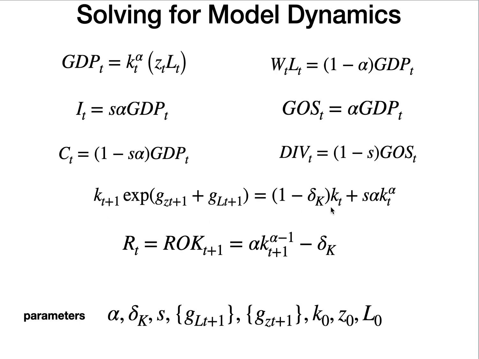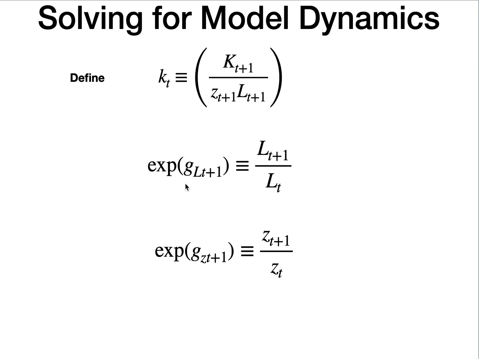So to have a consistent division by effective labor at time t across this entire equation, we have to multiply by the ratio of effective labor at time t plus 1 to effective labor at time t, and that's just given by this expression. Because you remember that these growth rates are defined in terms of the growth rates of labor and technology.